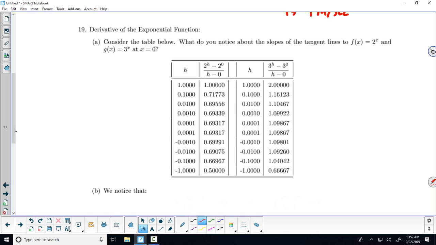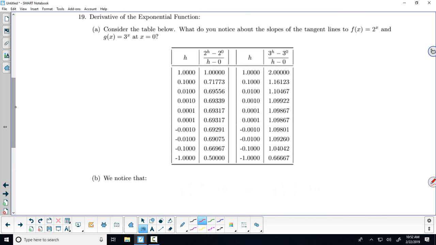Okay? So if I look at, here you've got the graphs, I'll just put it here. If I look at the graph of 2 to the x, okay, I could try to find the slope of the tangent line at x equals 0. Okay? And if I did so, I would find that the slope of the tangent line at x equals 0, so here I am, right?